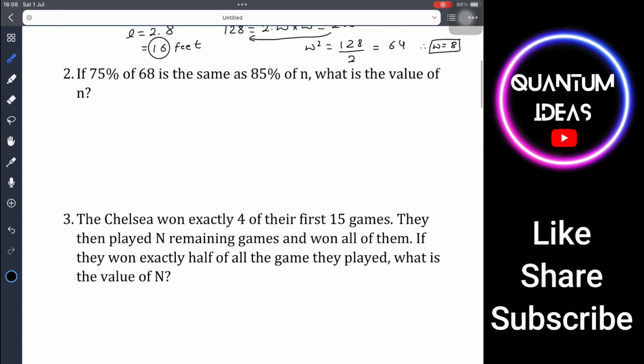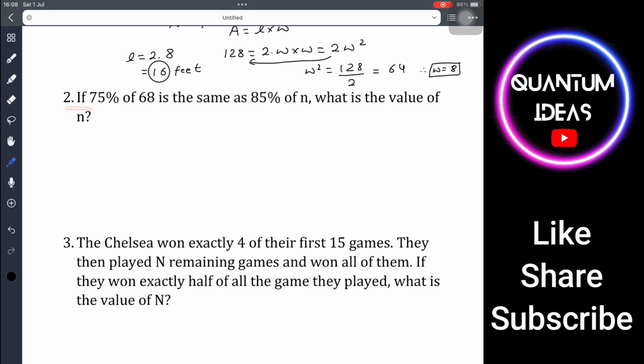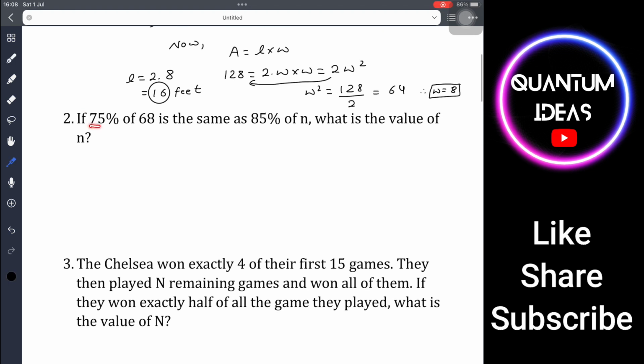Number 2. It is percentage related. If 75% of 68 is the same as 85% of n, what is the value of n? Very simple.